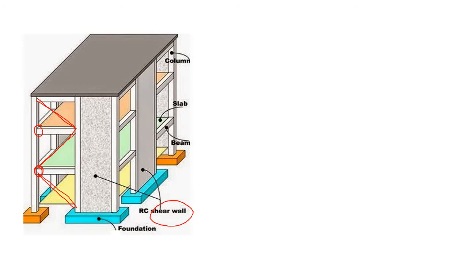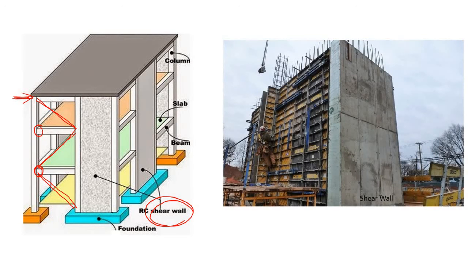We will discuss how this shear wall is going to carry the lateral load coming to this frame structure. And in real life a shear wall actually looks something like this. Here you can see this is the shear wall, this is the depth, and this is the width. It is actually under construction.